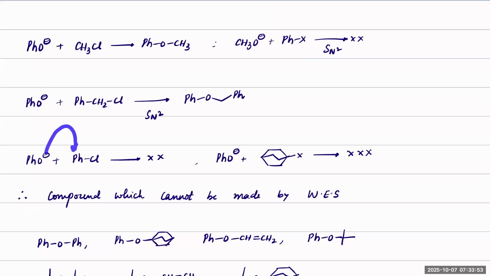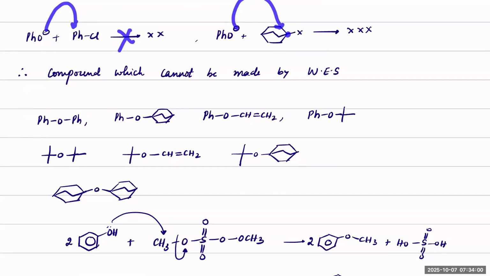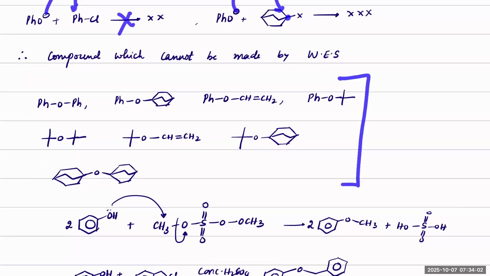And again, phenoxide will not give any reaction here. Phenoxide will not give any reaction at a bridgehead position also. So these are the cases which can never be prepared by Williamson ether synthesis. Can you see the cases?